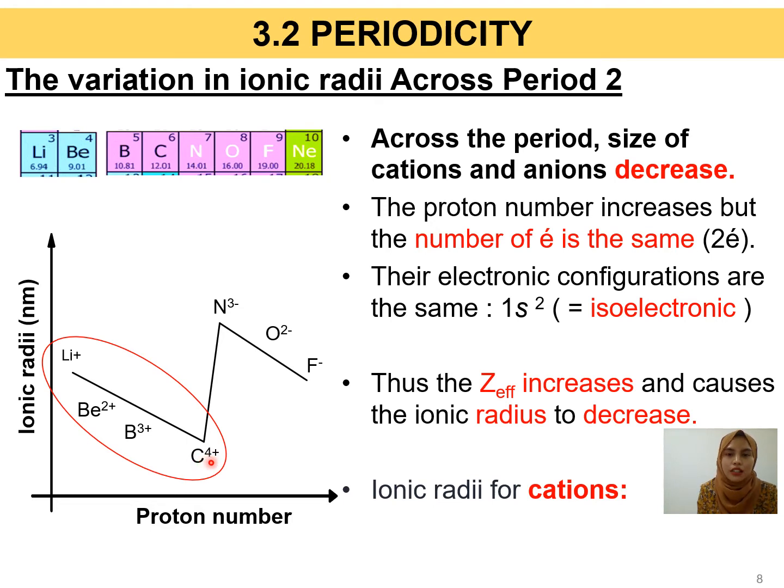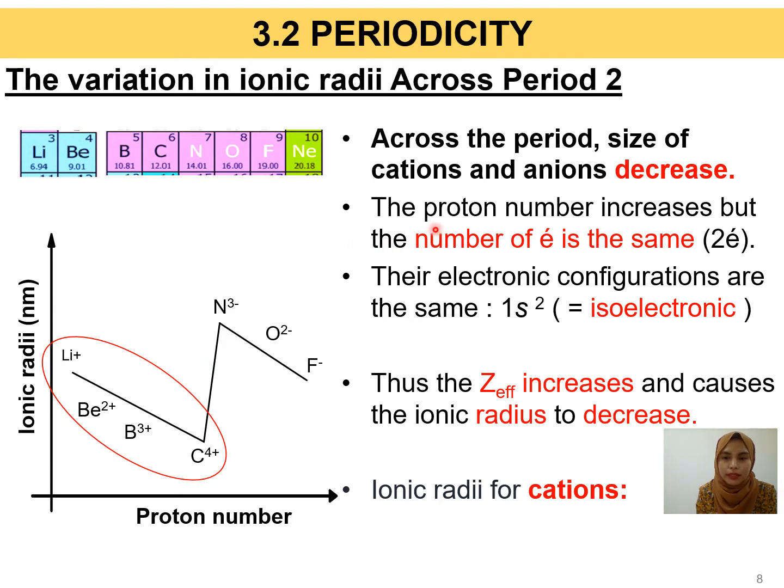Across the period, whether it is a cation or an anion, we already know that the size will decrease. But I would like to analyze the cations first.